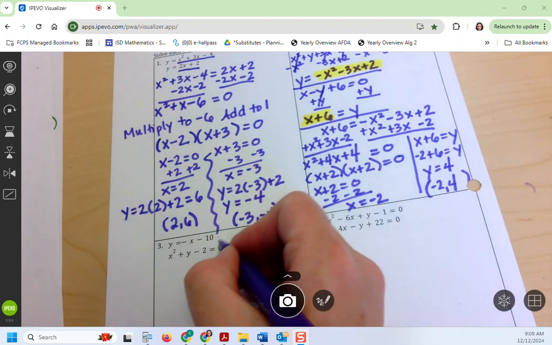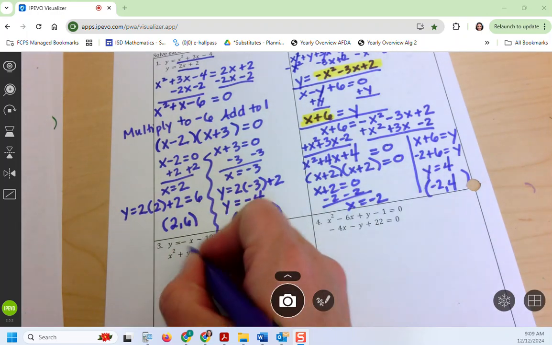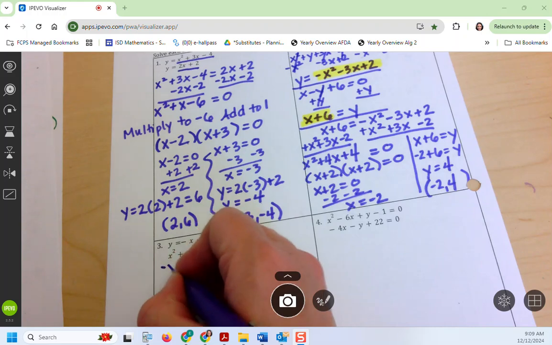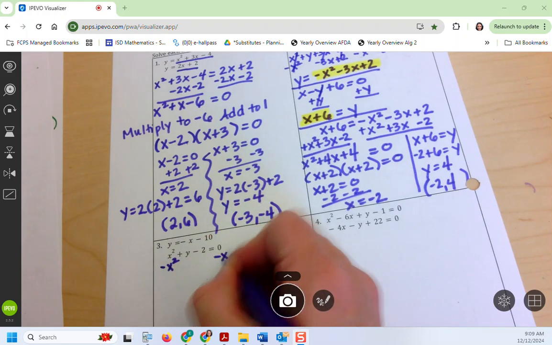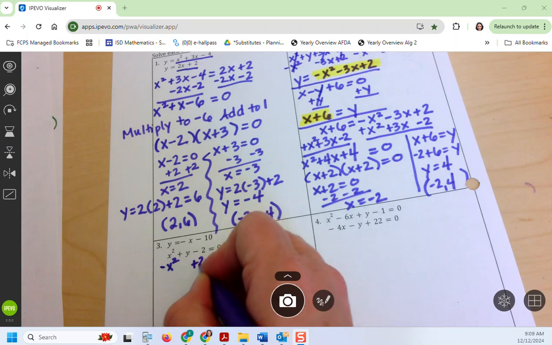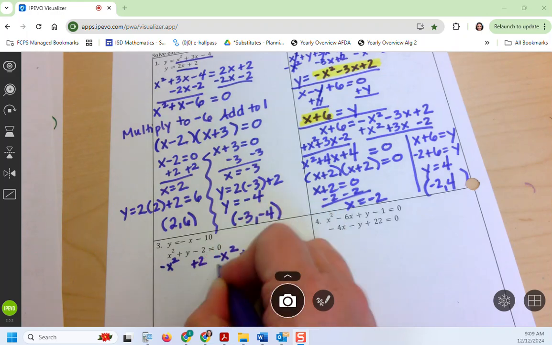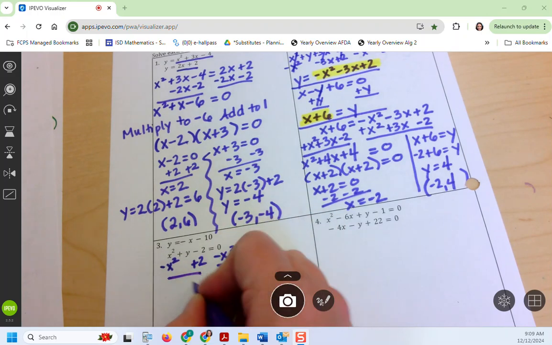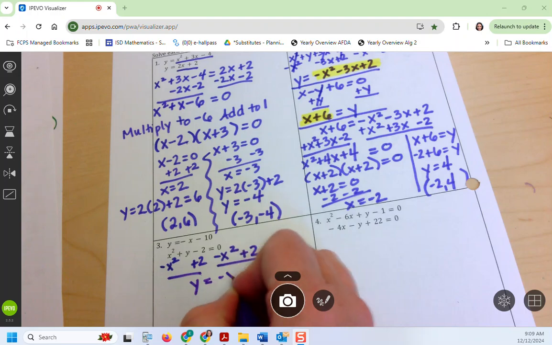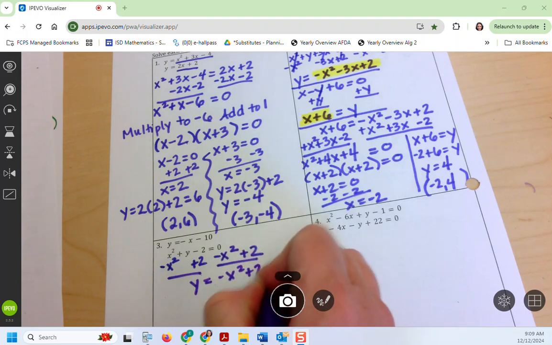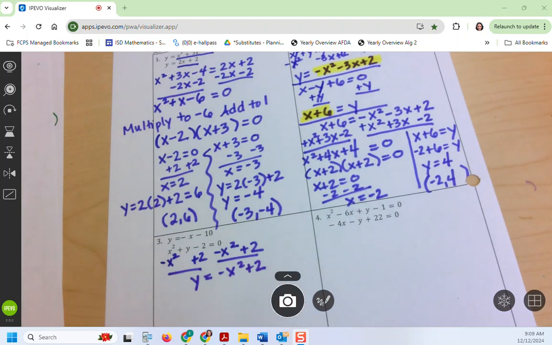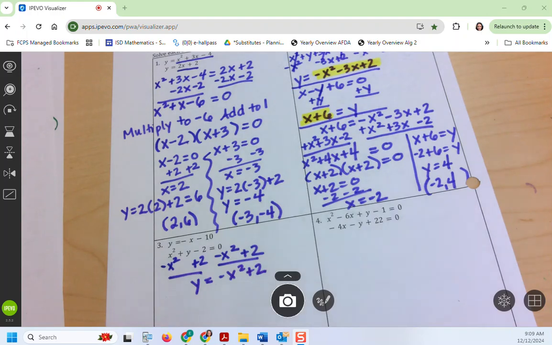So this y is already by itself. For this one, I'm going to keep this y positive, and I'm going to subtract x squared on both sides and add 2 on both sides. So I get y equals negative x squared plus 2. You okay, I saw?